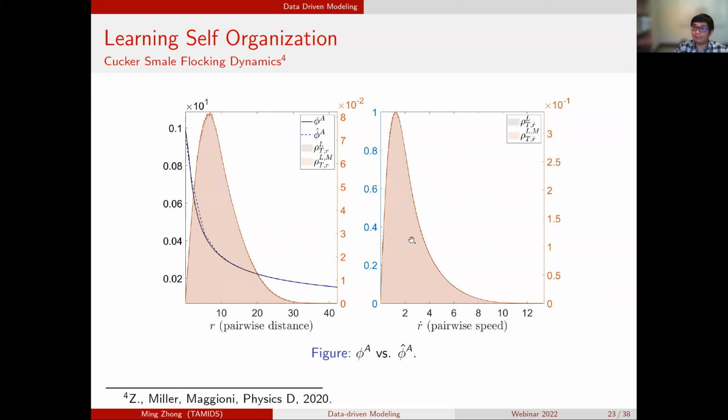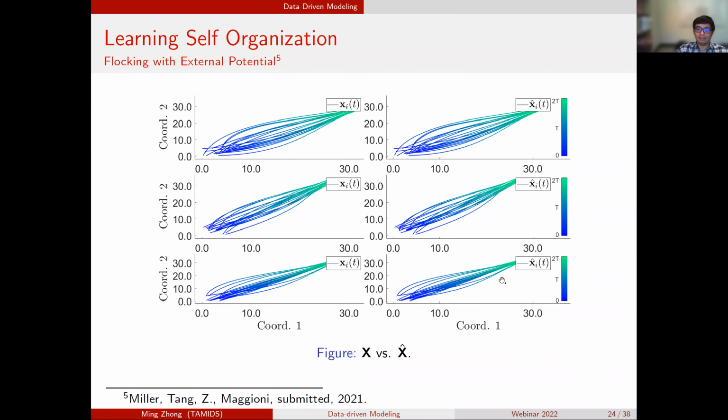And this is the pairwise heading data, because remember the alignment is actually the dynamical data from the Cucker-Smale flocking dynamics. The data is aligned by pairwise heading, so we actually learn this together from the observation data. So we actually have both.